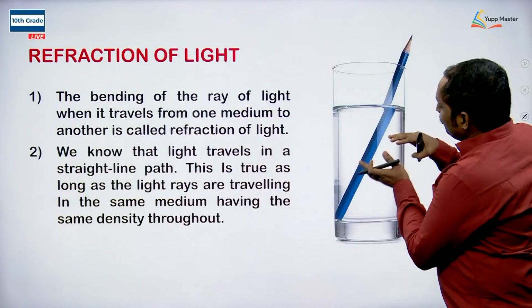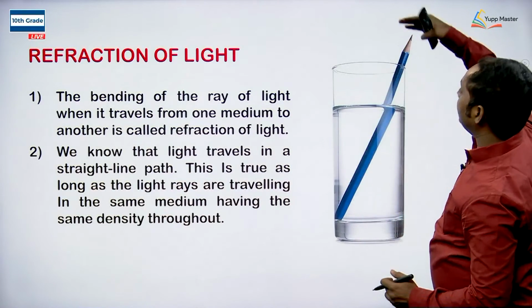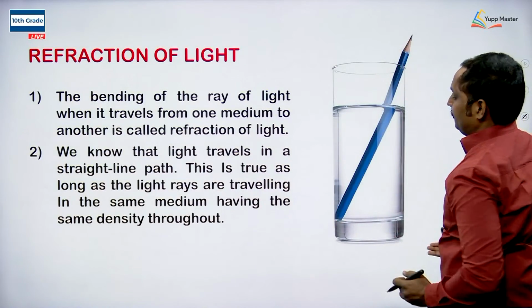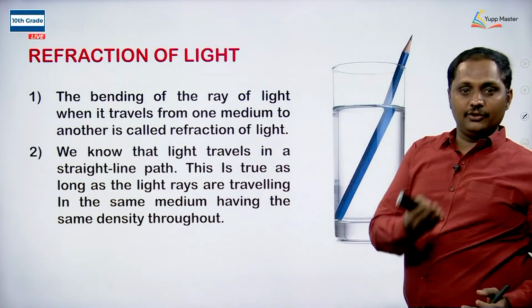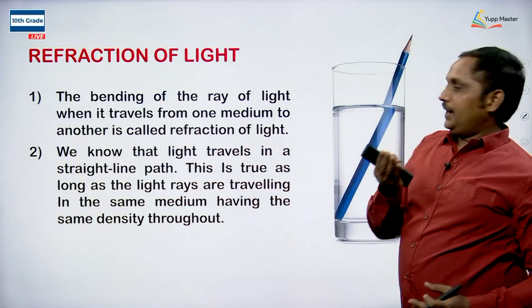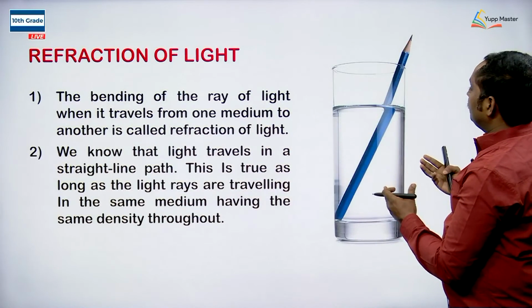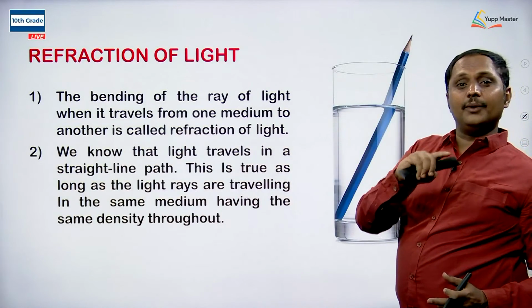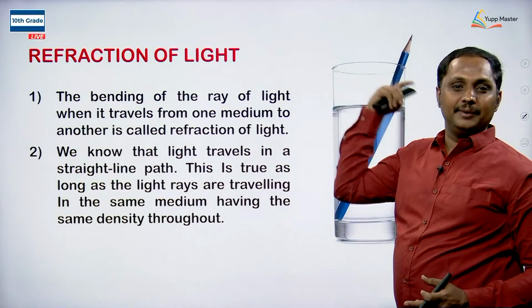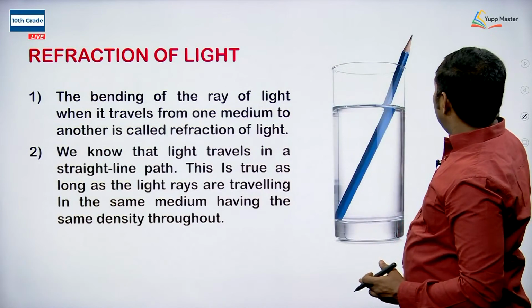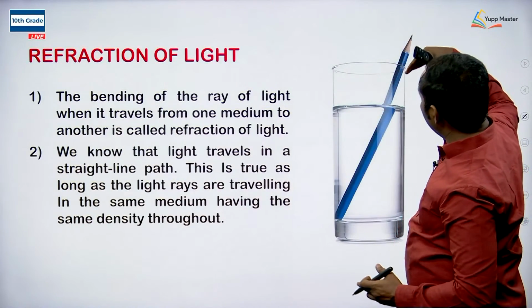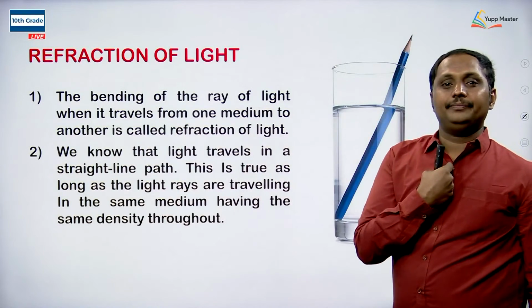Whenever it enters from water to air, from the surface, some part of the light is also going to be refracted. It can be viewed, the refraction takes place while light rays are entering from the water medium to the air medium. There exists a refraction when light rays enter from air medium to water medium.